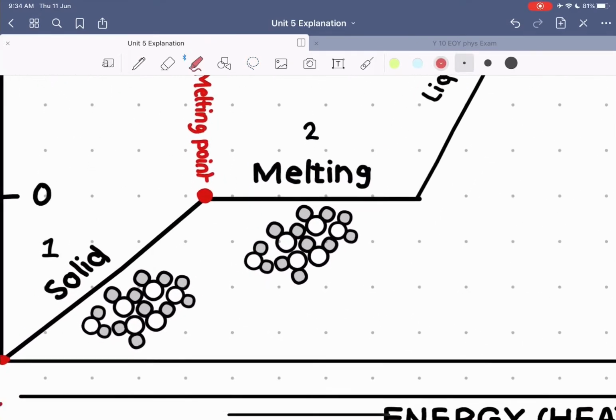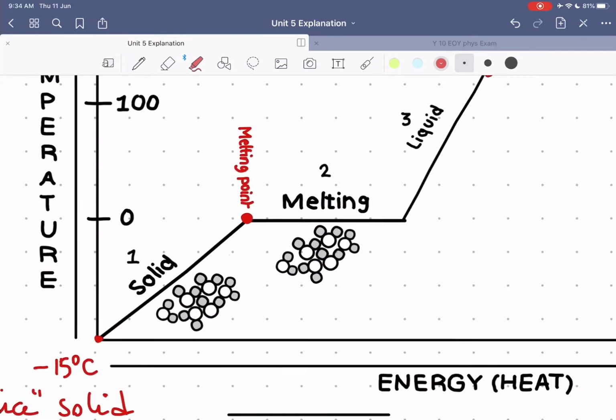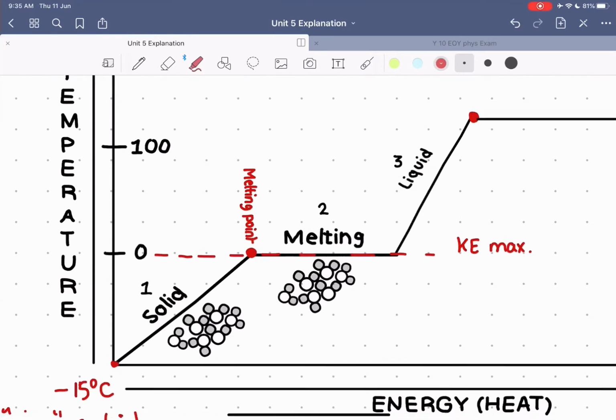If I zoom in, as we said, temperature means kinetic energy. At this point, as you can see, the temperature remains the same, so we have a constant temperature during this phase. The particles will no longer vibrate more vigorously, they will just absorb more heat energy.